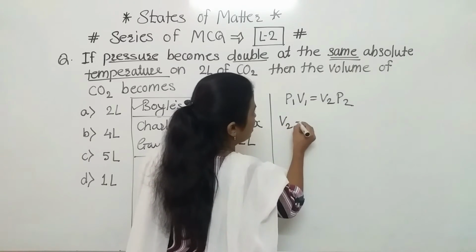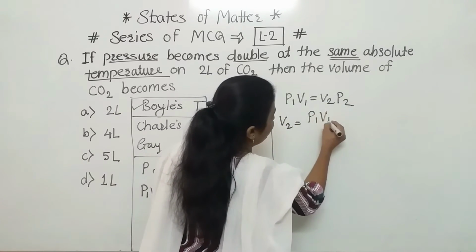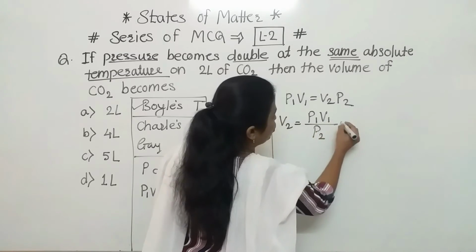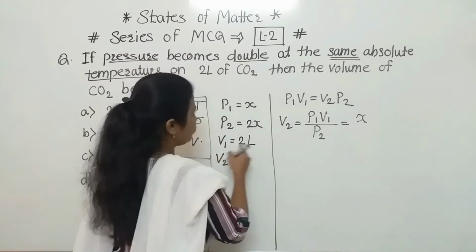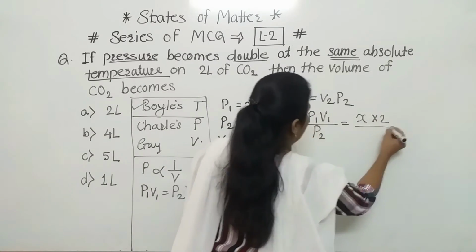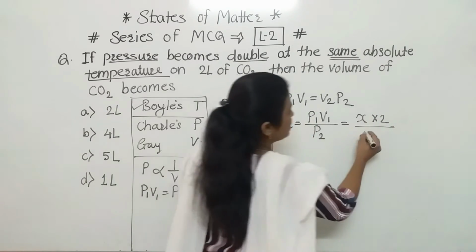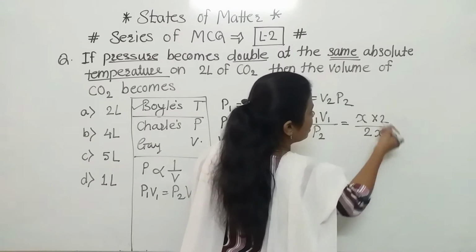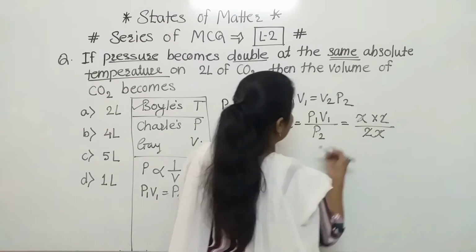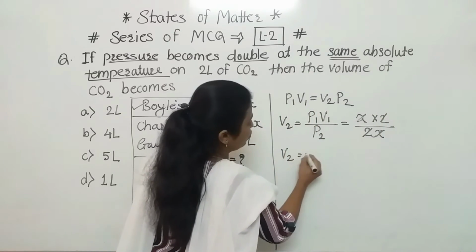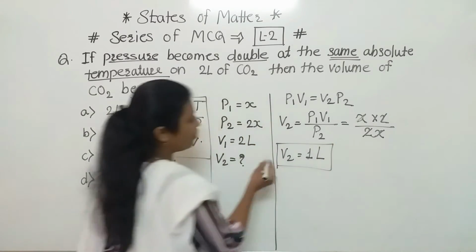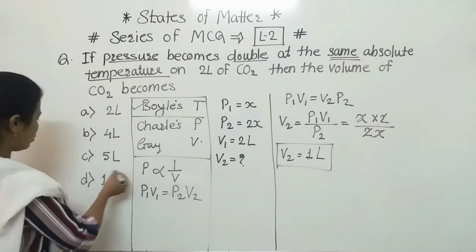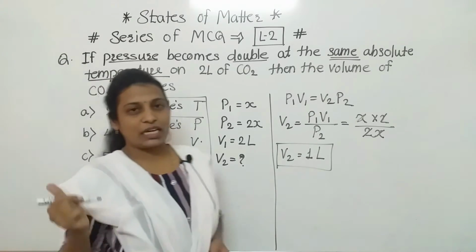V2 is equal to P1 V1 divided by P2. P1 is X, V1 is 2 liter, P2 is 2X. So everything gets cancelled, 2 gets cancelled, X gets cancelled, means V2 is equal to 1 liter. Clear to everyone? So this is our final answer. So option D is the correct answer.